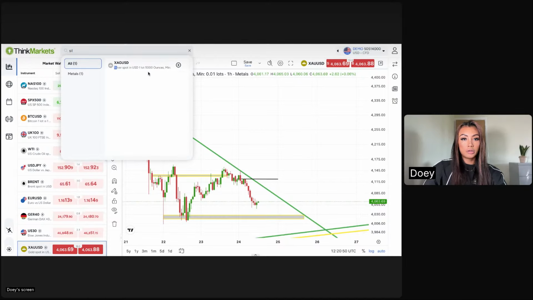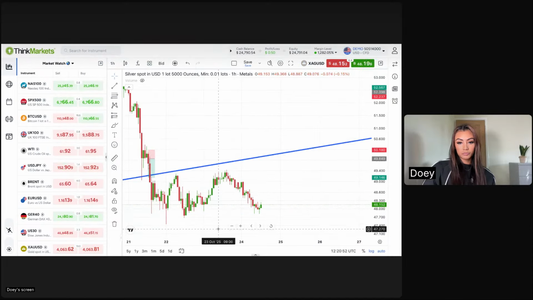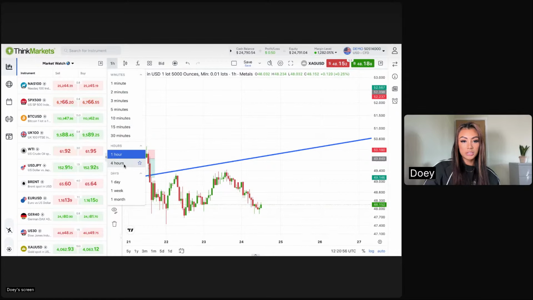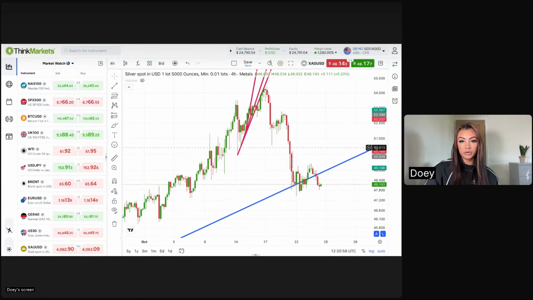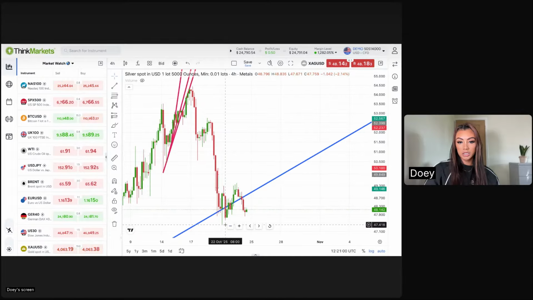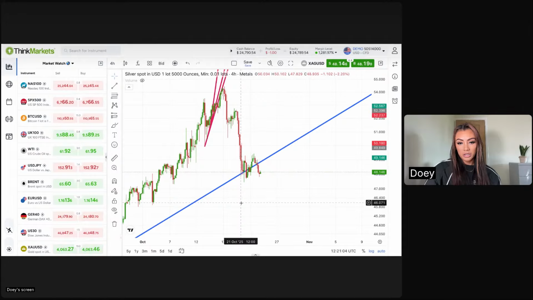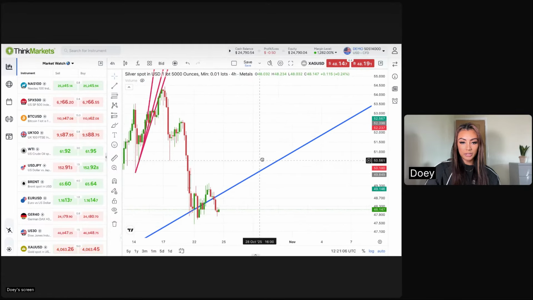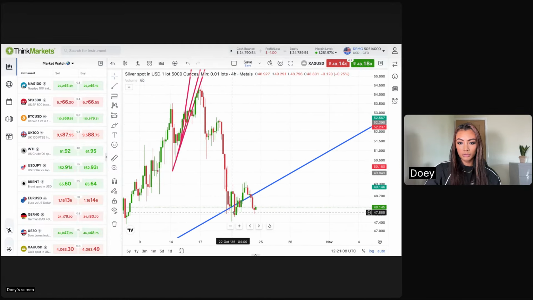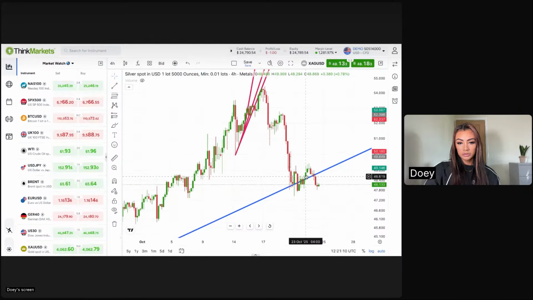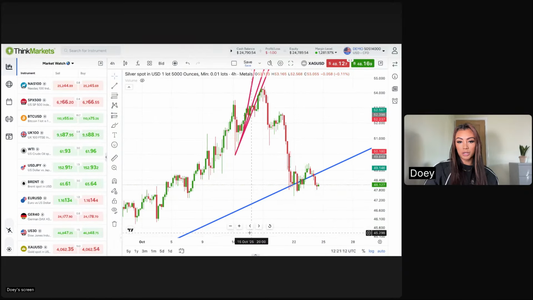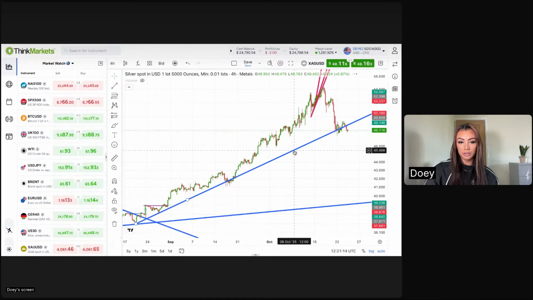I also like looking at silver. So silver did actually kind of break. Oh, not really. I mean, we did get this breakdown here in this 4 hour. Then it came back up. So I'm actually going to move this out a little bit.